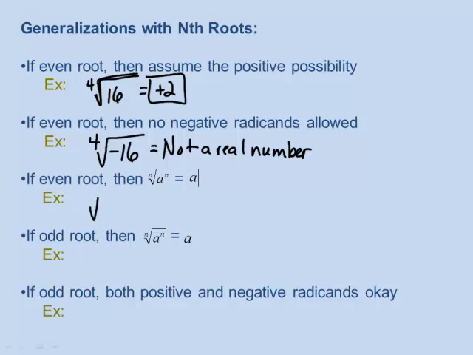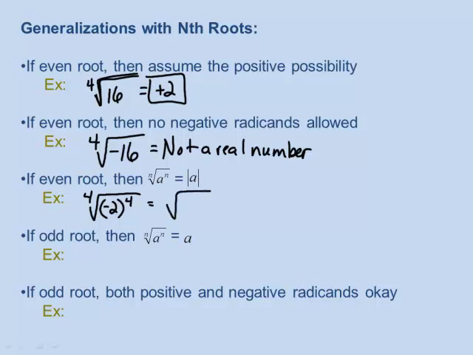So for example, let's say you were asked to find the fourth root of -2 to the fourth power. Now if you just do the math and use orders of operation, remember we talked about radical signs as being like grouping symbols in terms of orders of operation. So you always want to do what's underneath the radical sign first.